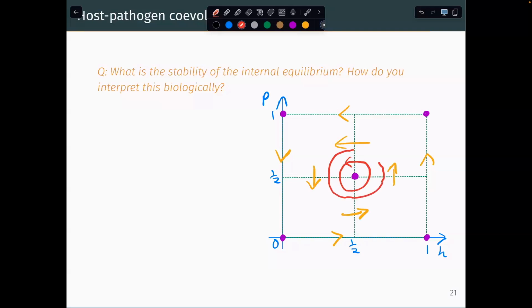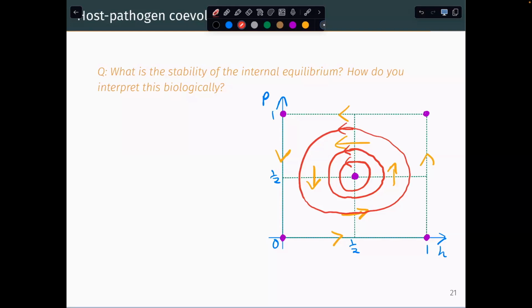These are neutrally stable cycles rather than a limit cycle. What that means really is that if you get pushed off one of these orbits, or if you start with a different initial condition, you orbit around based on that initial condition or based on that perturbation. You don't get pulled back to just one stable orbit.